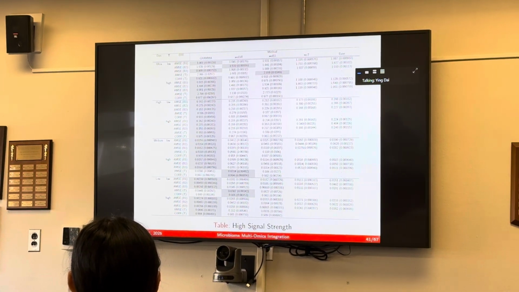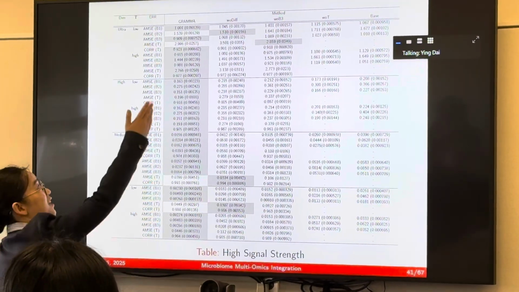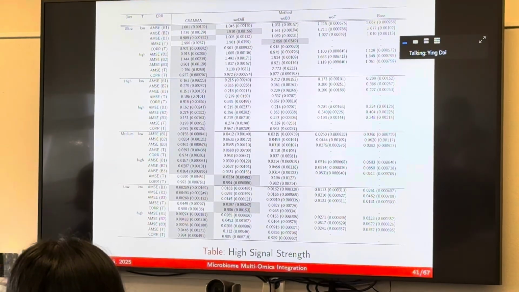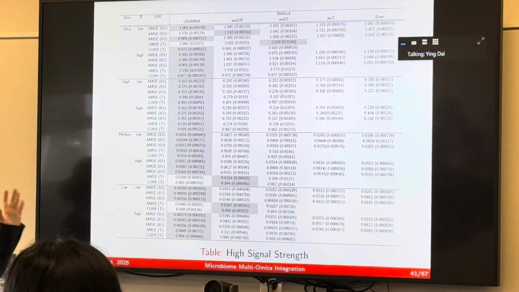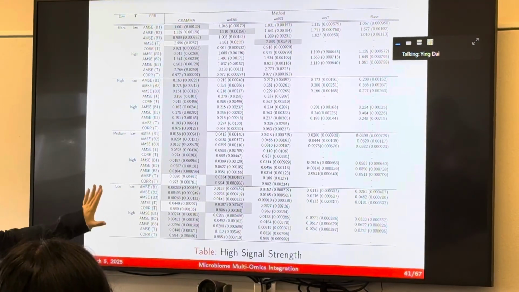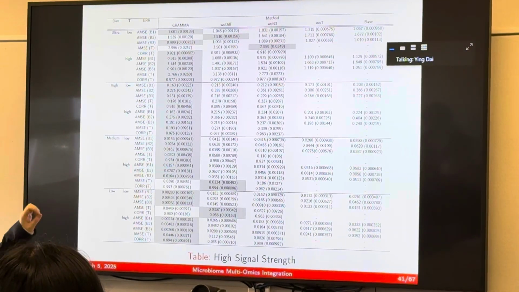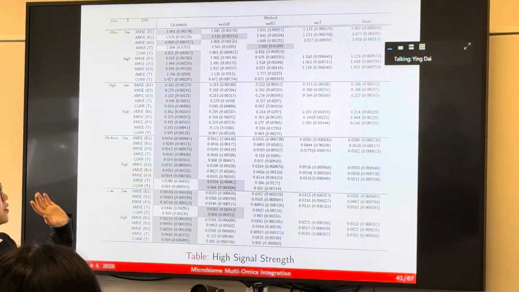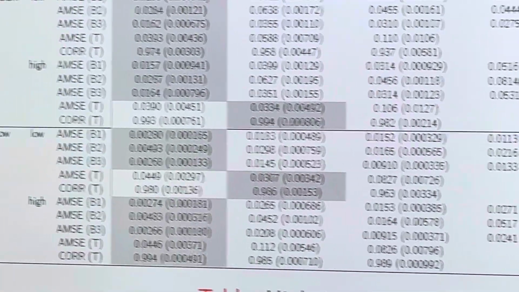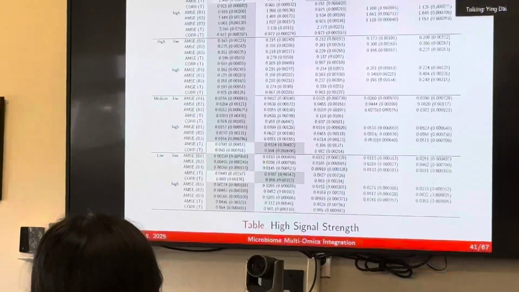And here is a table, please don't read the numbers. What I want to emphasize here is that this column is our model, and I shaded it because it has the best performance across all the methods. As we can see, there are small differences here and there, but if you look closely, the difference is not that large. By looking at how much area I shaded, we can say that our method outperforms most of the time.